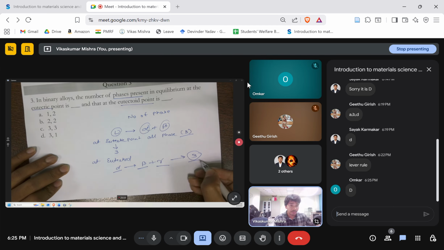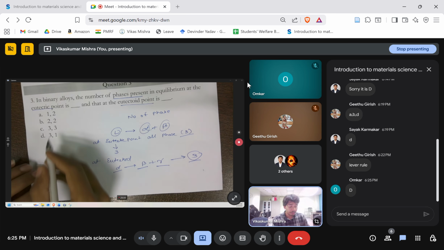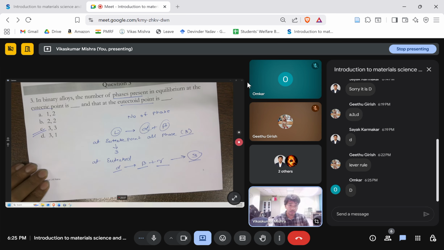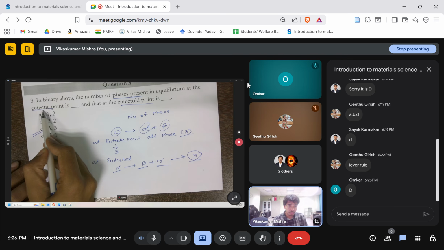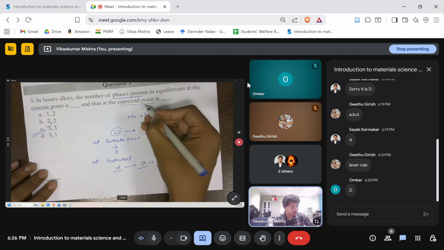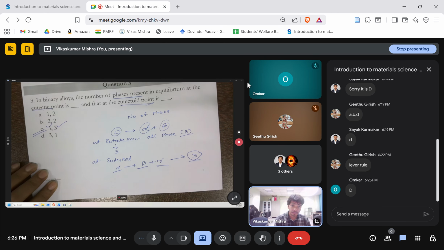So it's 3 and 3. So Omkar, the answer will be C, right? The number of phases present at equilibrium at the eutectic point will be 3, and at the eutectoid point will also be 3, right? Okay, shall we make the question a little bit interesting?